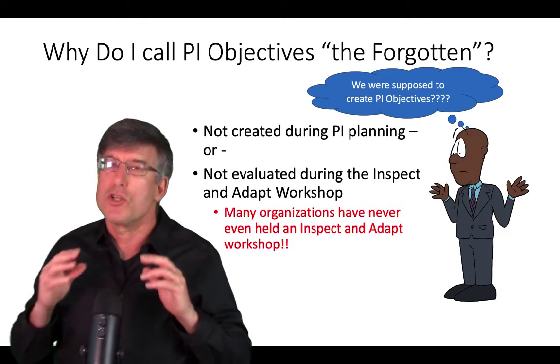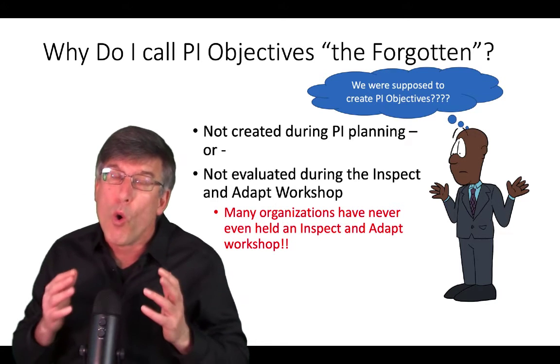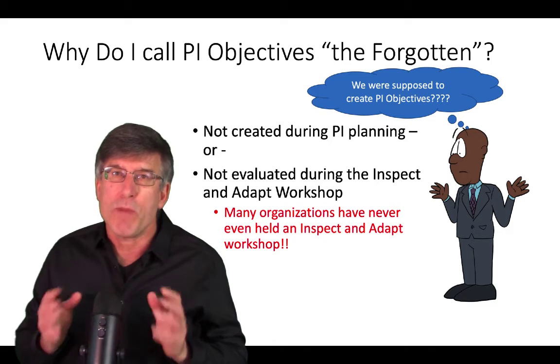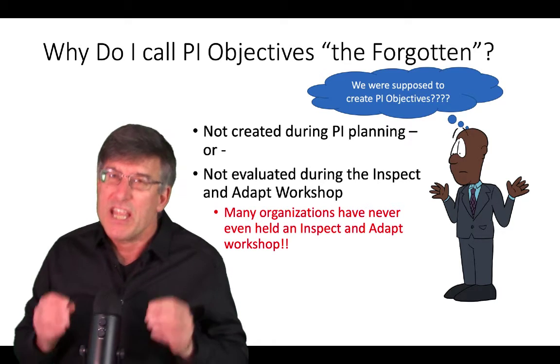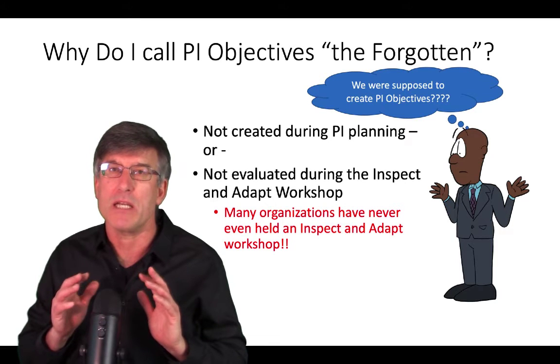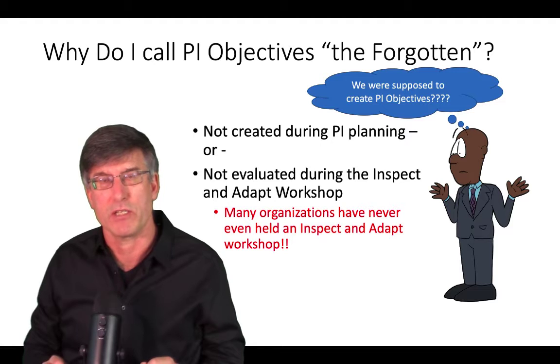They either don't create them at all during PI planning, or if they do, they don't use them in their Inspect and Adapt workshop. That's of course assuming that they actually do hold an Inspect and Adapt workshop, and it is shocking how many organizations don't have an Inspect and Adapt workshop.